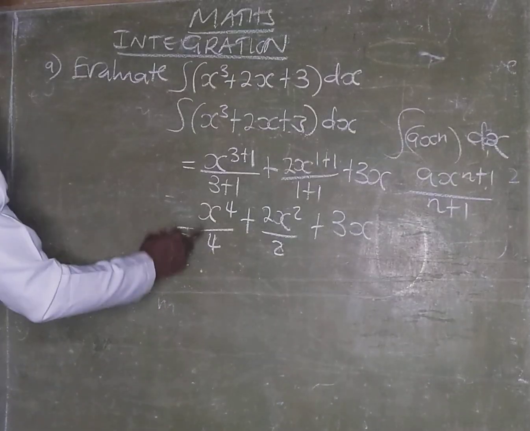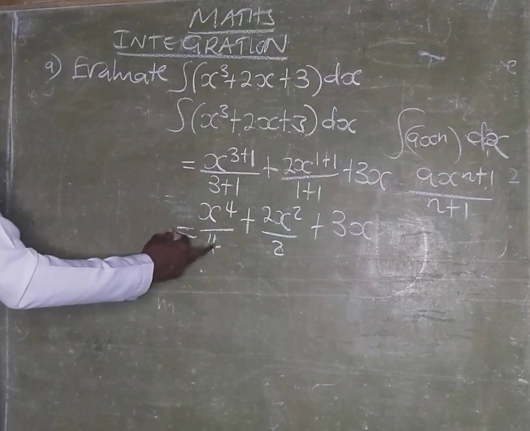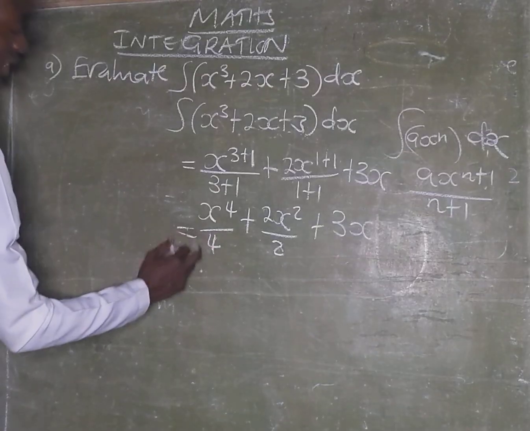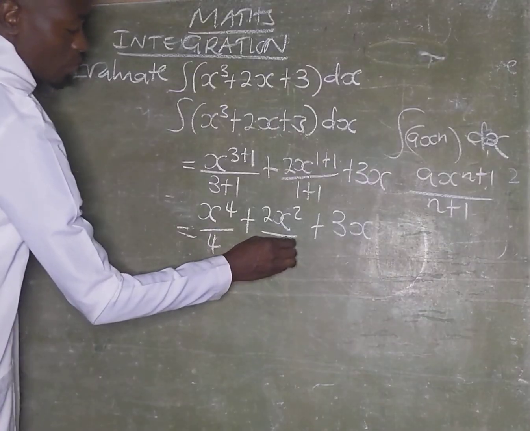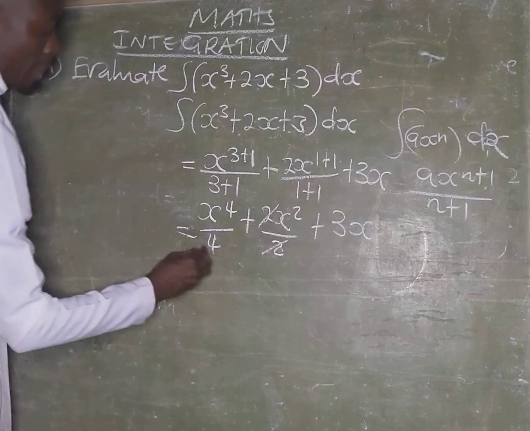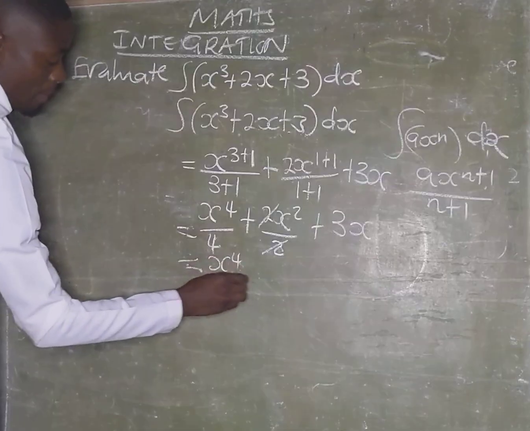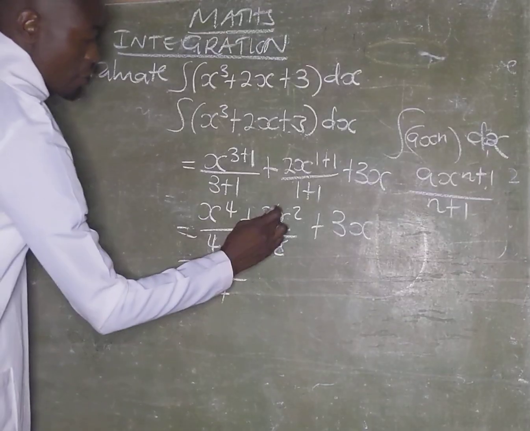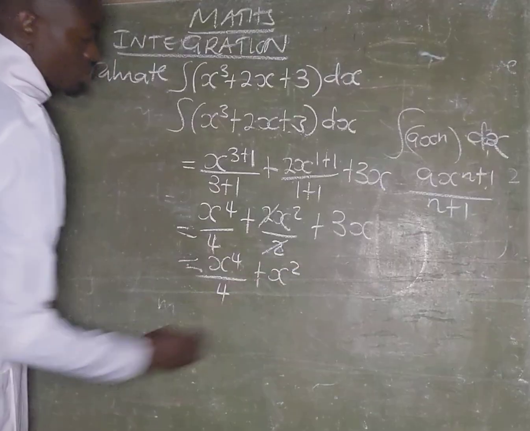Here, never make the mistake of reducing the denominator with the power. We reduce the denominator with the coefficient: 2 can be divided into 2, and you remain with x to the power 2. The first term we write the way it is, x raised to the power 4 over 4, and then x raised to the power 2.